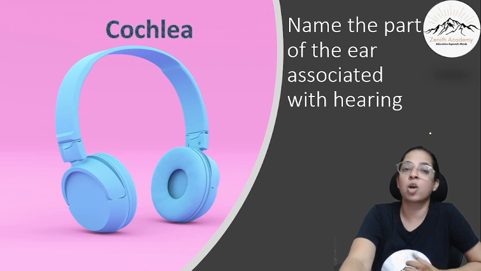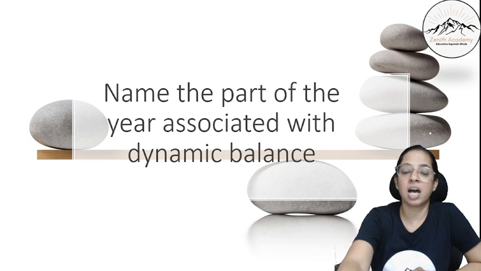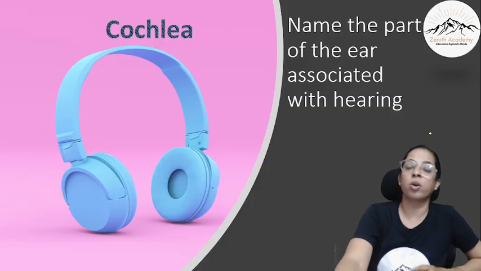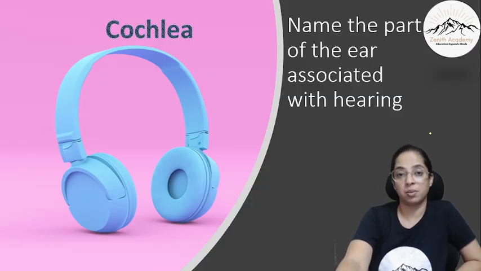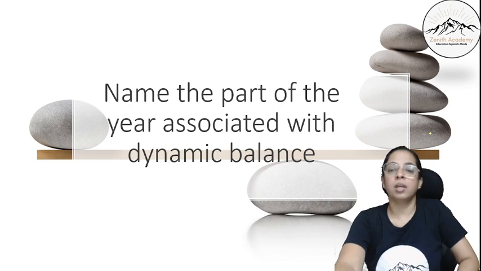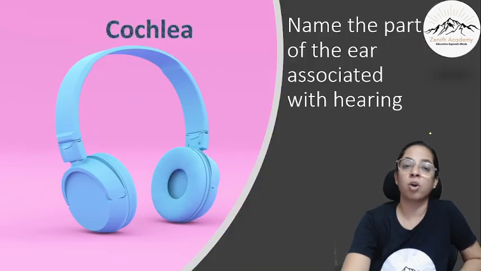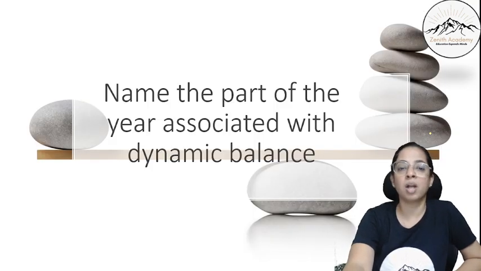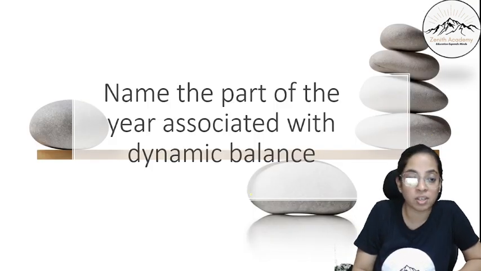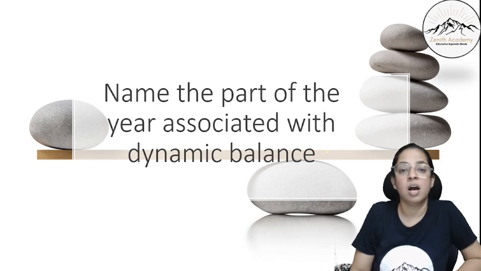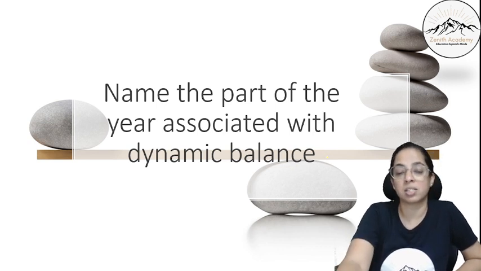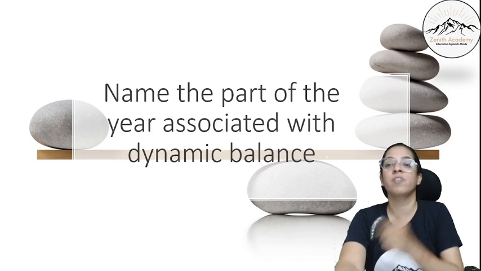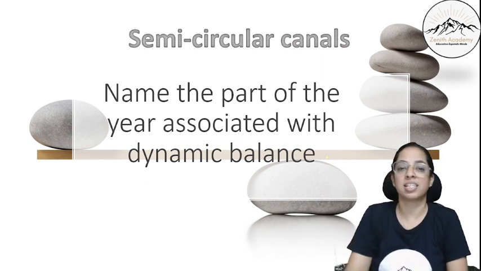And if they ask which part in the cochlea, then organ of Corti is the perfect answer, or you can write organ of Corti in cochlea to be more specific. Now, name the part of the ear associated with dynamic balance, which is when we are moving. Yes, the answer is semicircular canals.